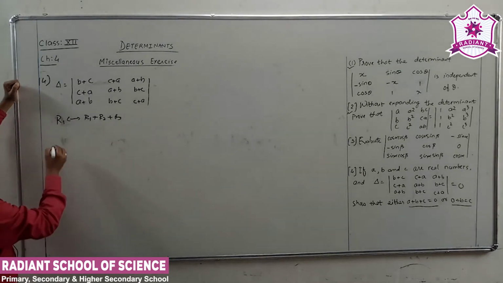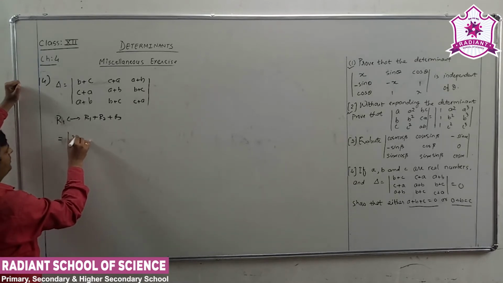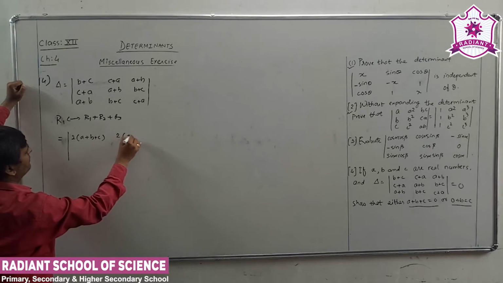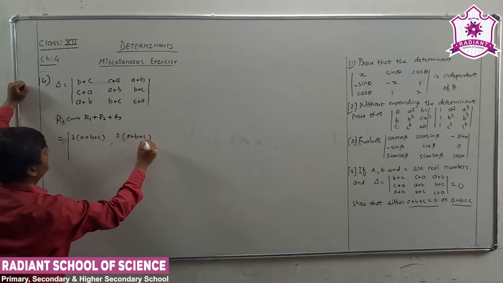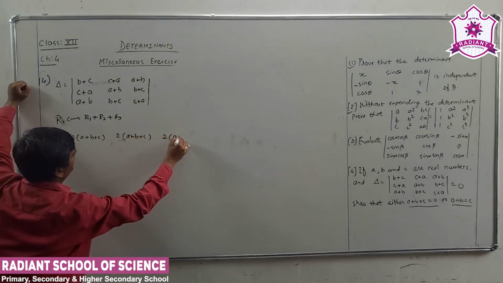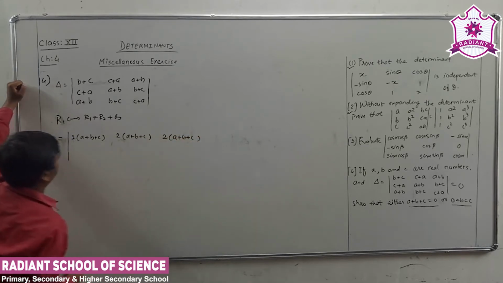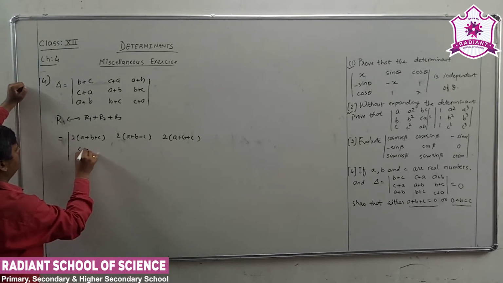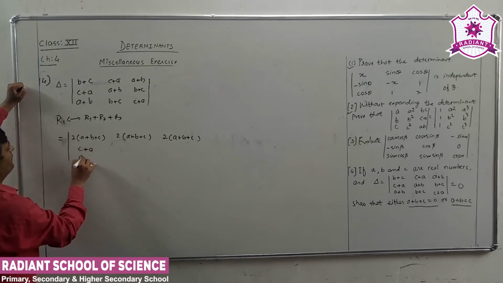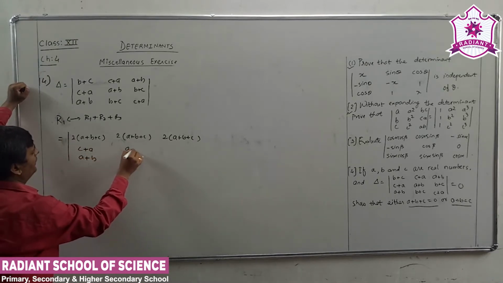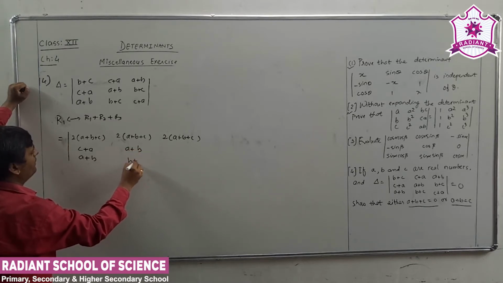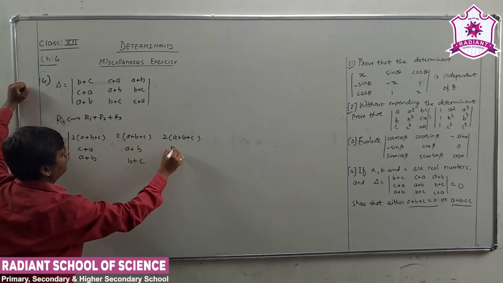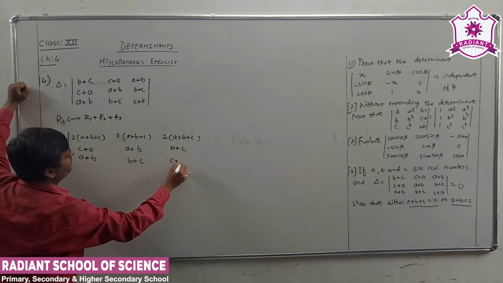So the simple result for this: 2 times a plus b plus c, 2 times a plus b plus c, plus 2 times a plus b plus c. Understand? And the other is as it is. So c plus a, now a plus b, again a plus b, b plus c, then b plus c, c plus a.